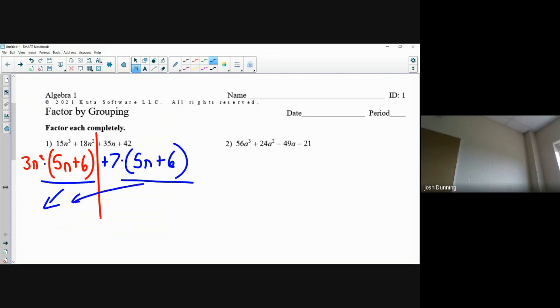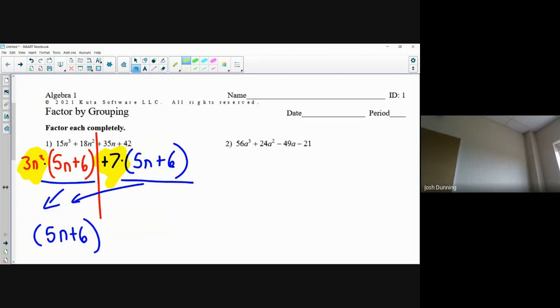I'm not going to draw those arrows every time. I'm just illustrating how this works. You only write down a GCF once. Now, what's left over becomes the other binomial.